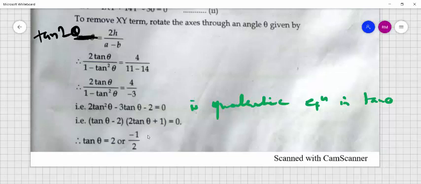Its roots are given by x equal to minus b plus minus square root of b square minus 4ac upon 2a. So by using this we can find the roots. So the roots will be tan theta equal to 2 and minus half. Since it is quadratic, we get two roots, namely 2 and minus half. Tan theta is nothing but the slope also. This thing you should remember.